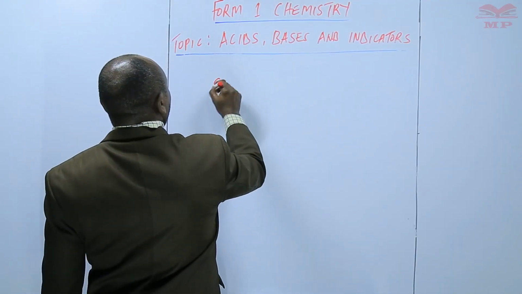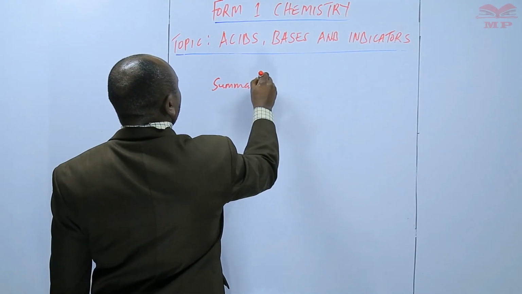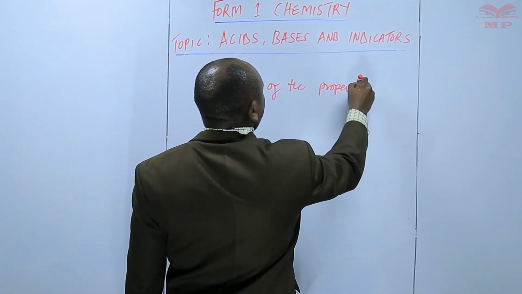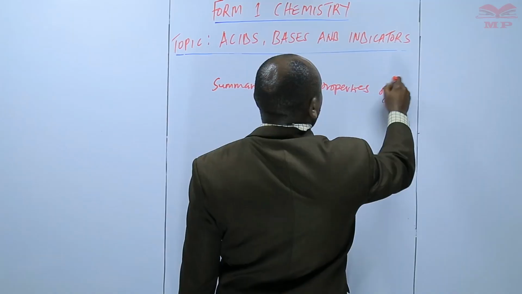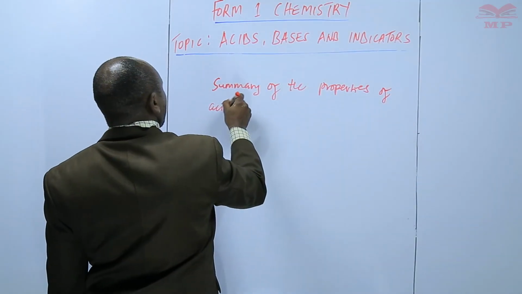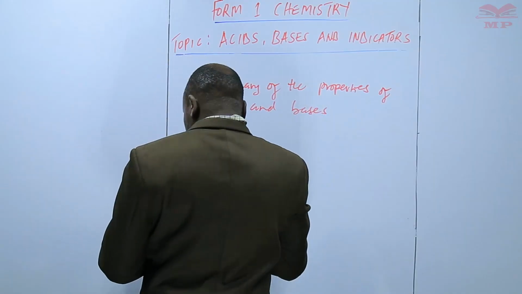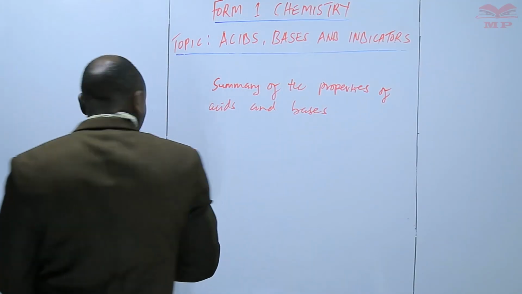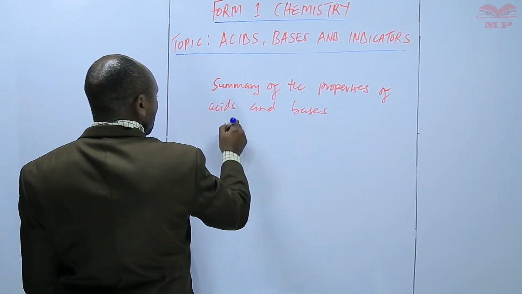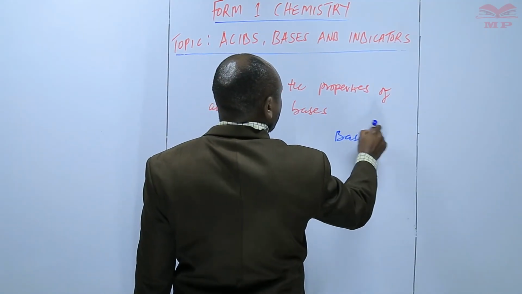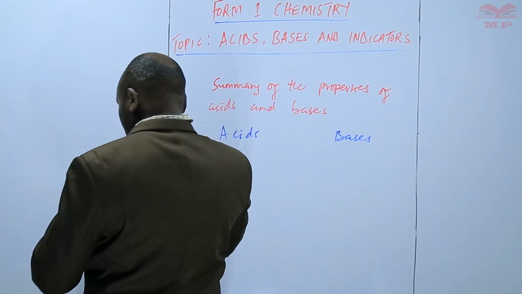So we're going to have a summary of the properties of acids and bases. You'll have acids on one side and bases on the other side.